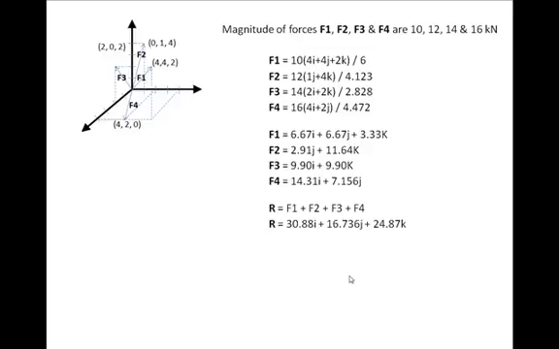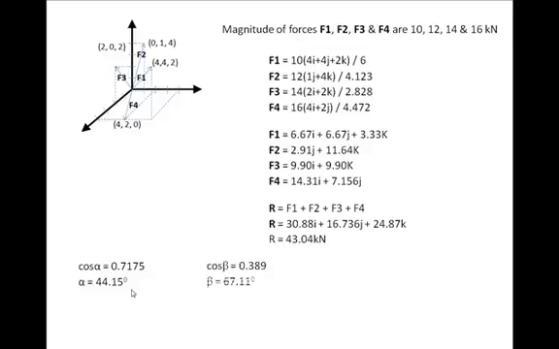and since forces pass through origin, this resultant also passes through origin. And if you wanted to, you can find magnitude of it, you know how to find magnitude of vector, very easy. 30.88 square plus 16.736 square plus 24.87 square, take under root and you get this magnitude, and direction of this vector with the x-axis is cos alpha, which will be 30.88 upon 43.04, cos inverse gives alpha.